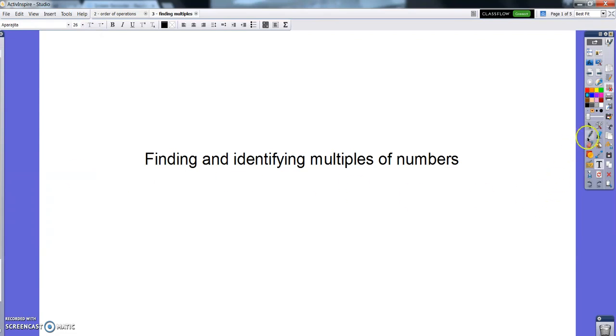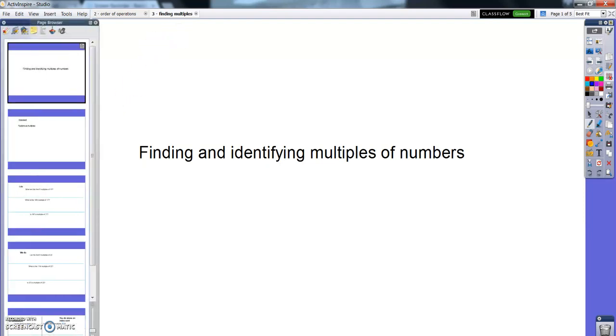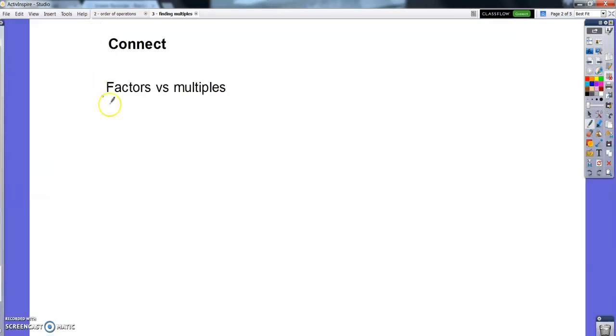Okay. So we go back to the last couple days here. We've been talking about factors, and factors and multiples are somewhat related. Remember, in a multiplication problem, we usually say this is factor times factor equals product.